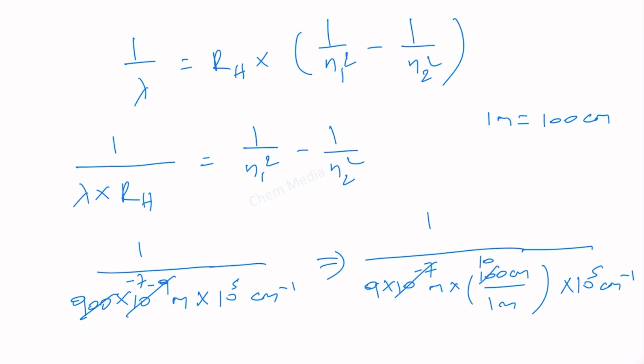Therefore, this will become 10 to the power minus 5. So, 10 to the power minus 5 and 10 to the power plus 5 will cancel, centimeter inverse and centimeter will cancel. Therefore, what we will have is simply 1 by 9. Therefore, 1 by 9 is equal to 1 by n1 square minus 1 by n2 square.